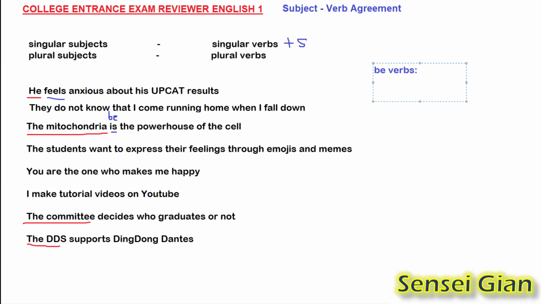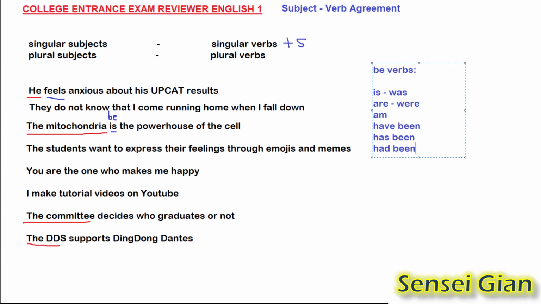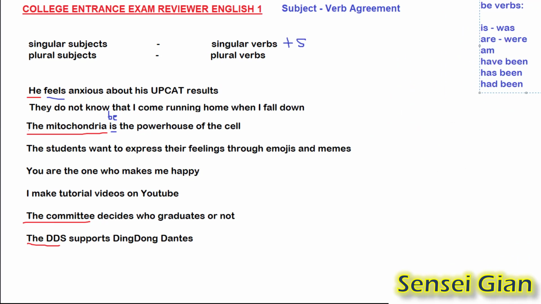So example be verbs are what? Was for past tense. Another example is are. Were for past tense. Am if you're using I. Have been, has been, had been, and similar terms like that. So let me just put this on this side so that you can take note of them.